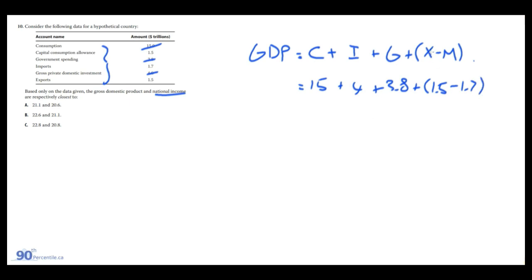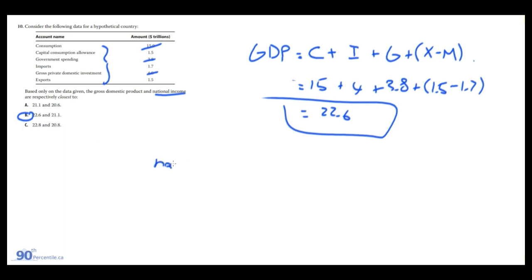Note that when you're exporting more than you're importing, that's when GDP increases. If you're importing more, then you're spending more on foreign goods, so it's going to decrease your GDP. So if we run this calc out, we get 22.6, which is our GDP. So we could actually circle this now if we wanted to, but we'll also calculate national income.